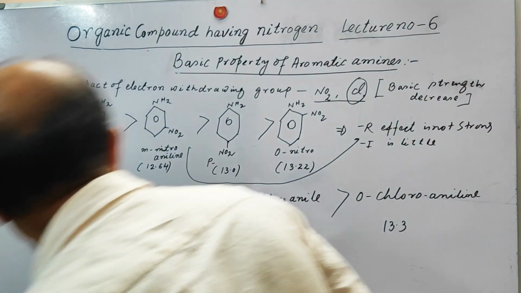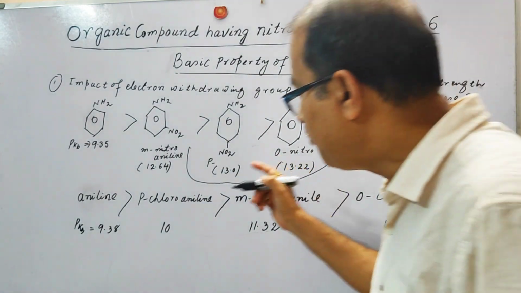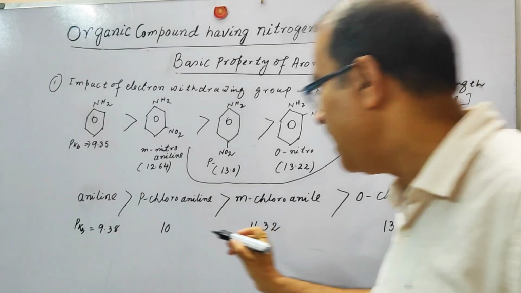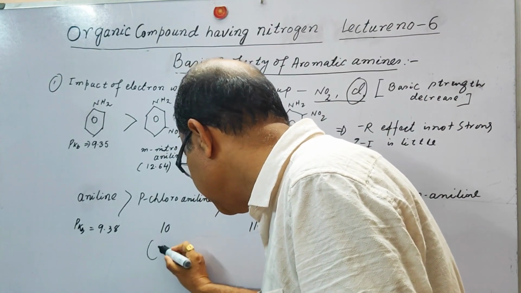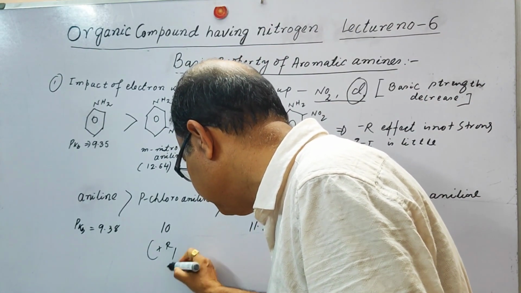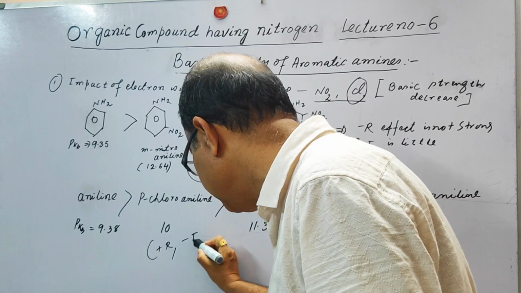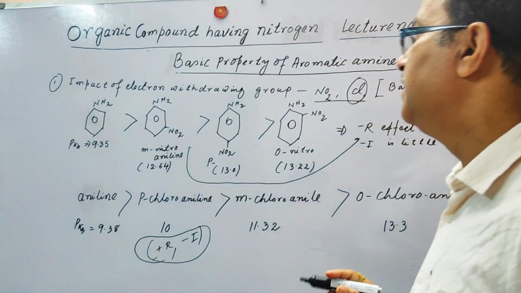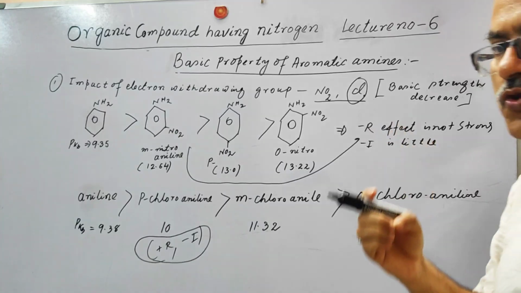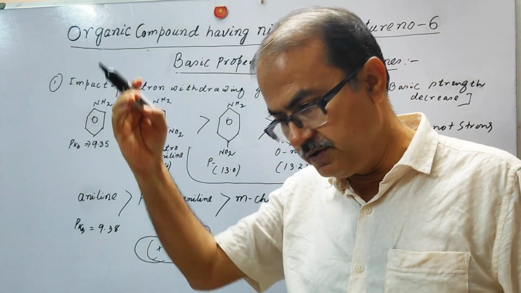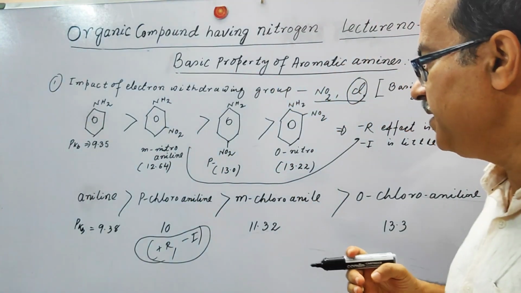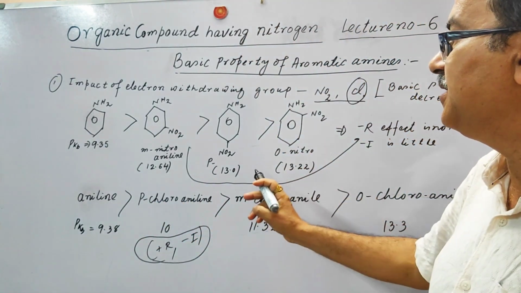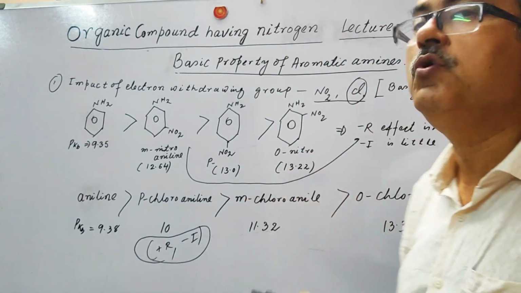So here, when it is in the para position, the plus R effect and minus I effect both will be operative. Small questions come in the MCQ, where different options will be given, and we have to say why para-chloroaniline's basic strength is greater than meta-chloroaniline's.